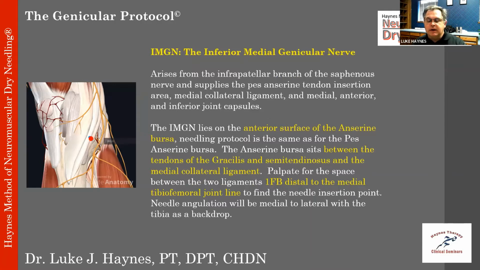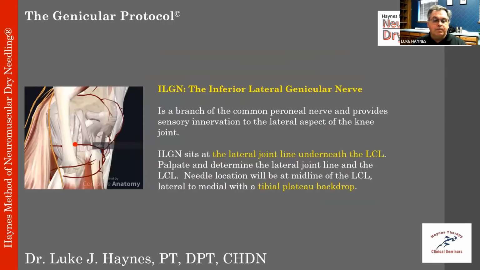So if you're treating somebody for pes anserinus, that is the same needle location. Really, it's about 1 finger breadth distal to the medial joint line. The inferior lateral genicular nerve is going to be on the tibia, just inferior to the joint line on the lateral collateral ligament.